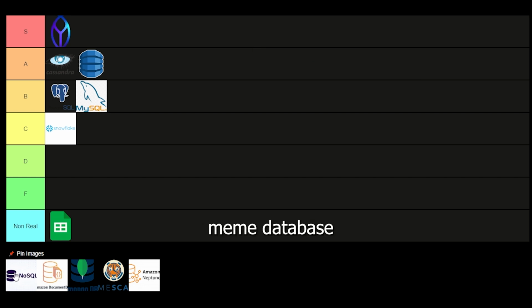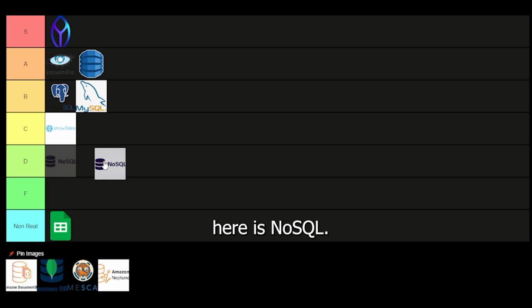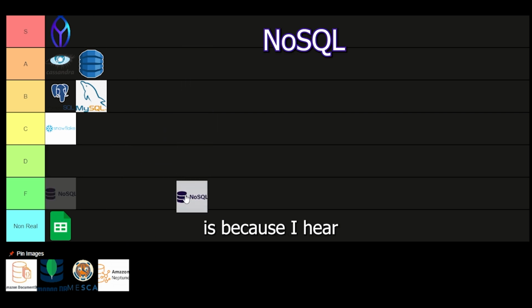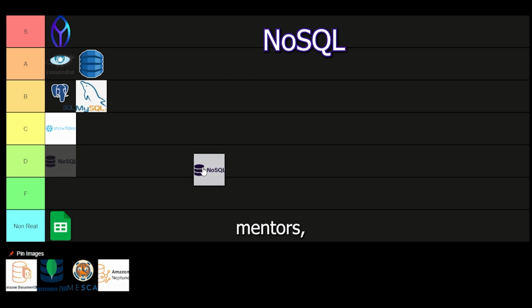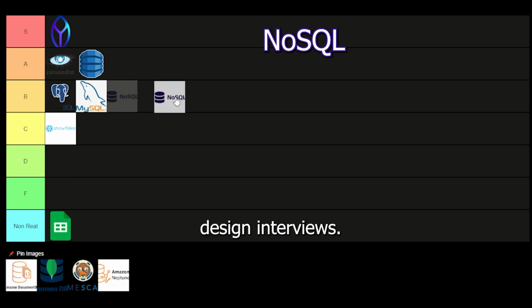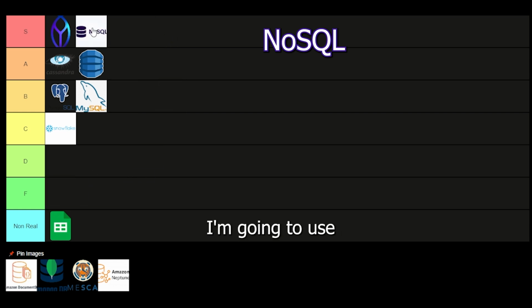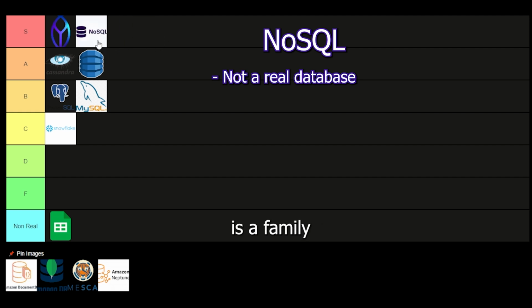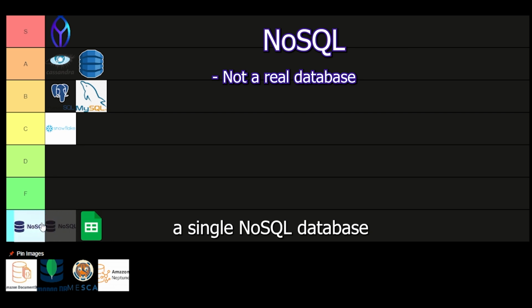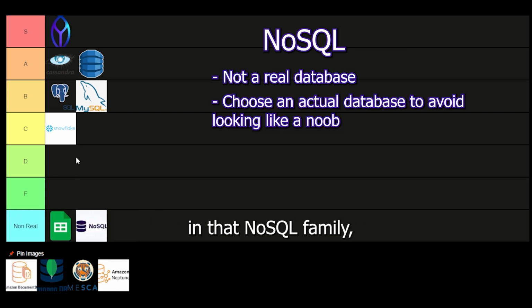Right, so our next meme database here is NoSQL. And the reason I threw this one on here is because I hear from a lot of our system design mentors that people show up to system design interviews and they say, I'm going to use a NoSQL database, without actually understanding that NoSQL is a family of databases. So if you don't know a single NoSQL database in that NoSQL family, I would suggest that you learn one.